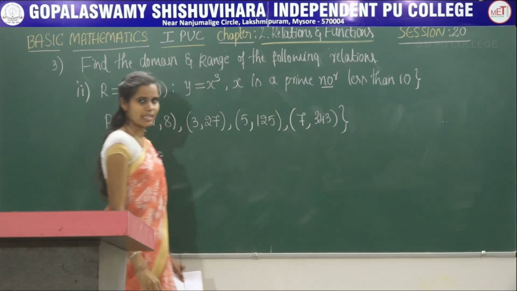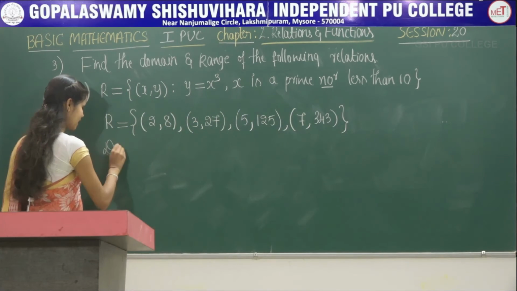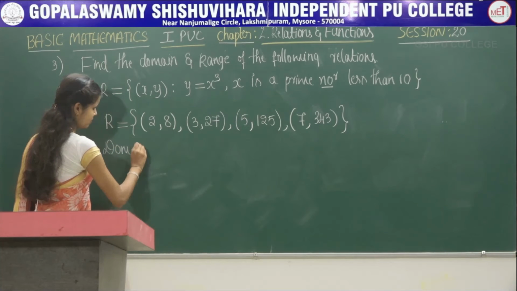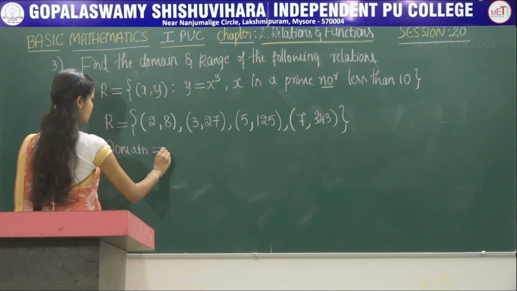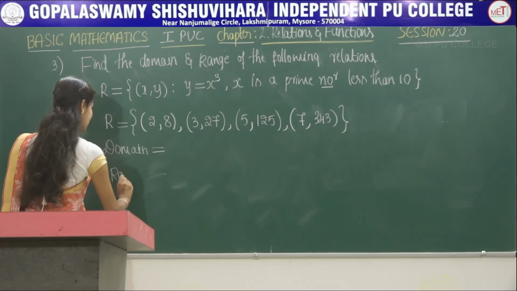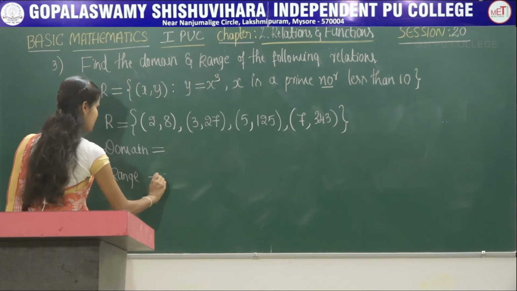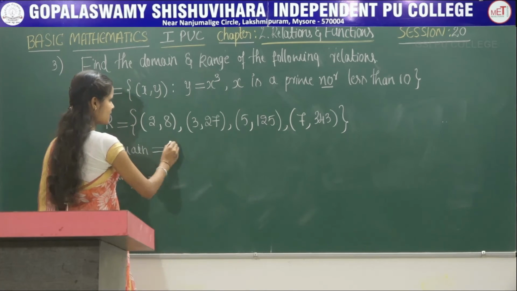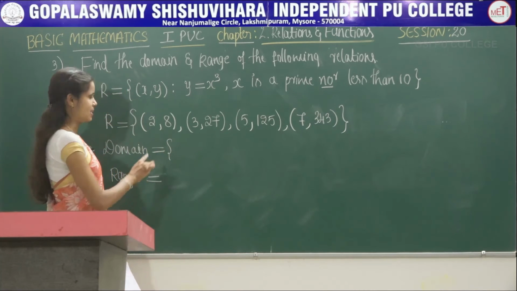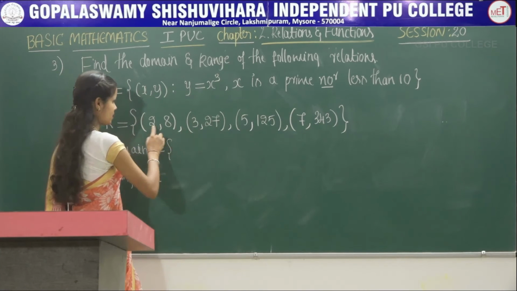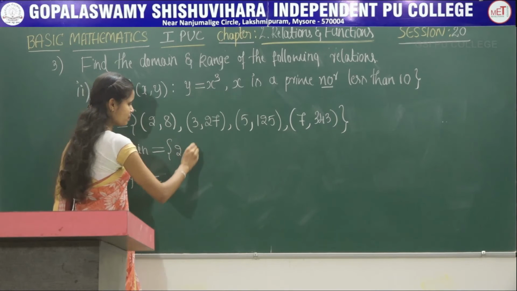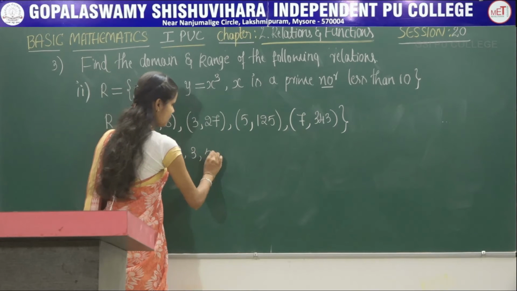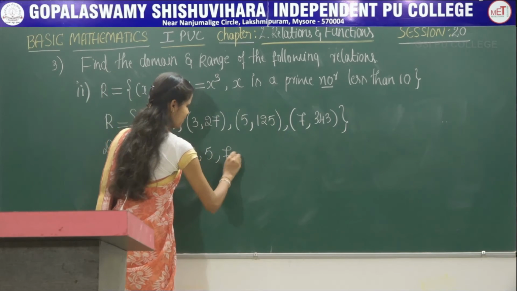This is the given relation. Now find the domain and range. Domain means the set of all first elements of the ordered pairs. The first elements are 2, 3, 5, 7.